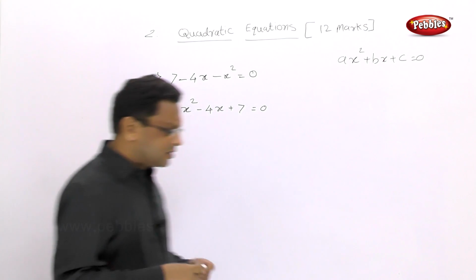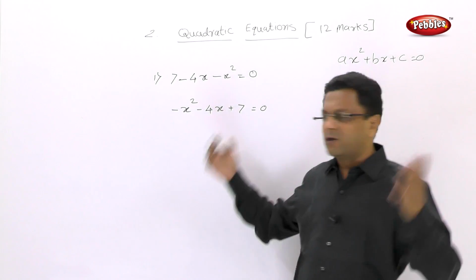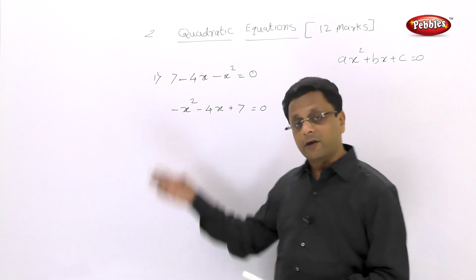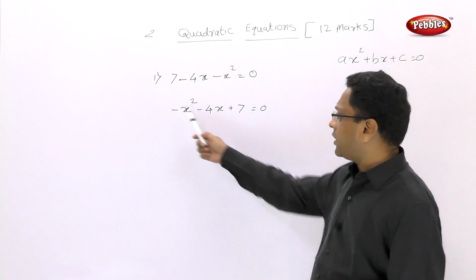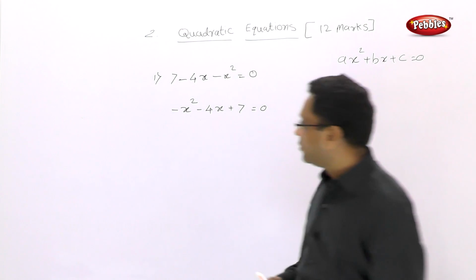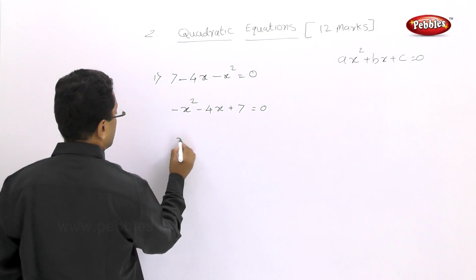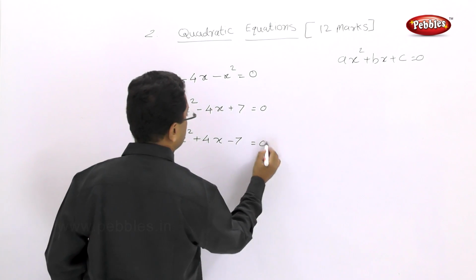Many students are scared of negative signs. Even I don't like negative signs like this. So I will remove the negative sign. How? I will change the sign of everything on both sides of the equation. So this will become x square plus 4x minus 7 equal to 0.